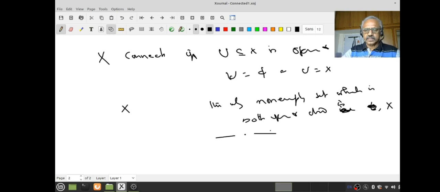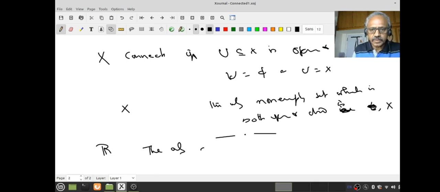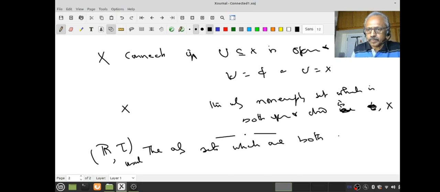Before you go further, you may recall when I talked about closed subsets, I proved that in R with the usual topology, the only sets which are both open and closed are the empty set and R. So this means R is connected.